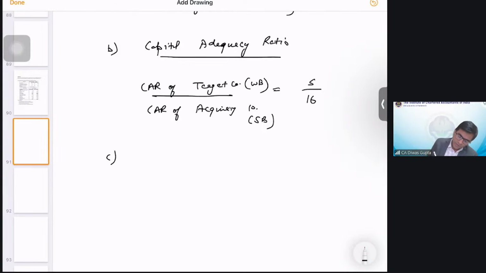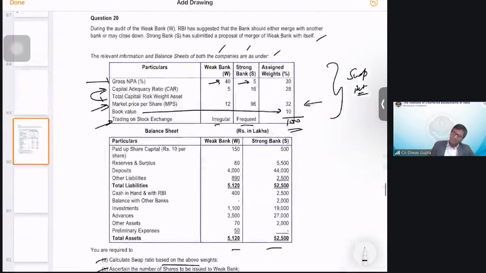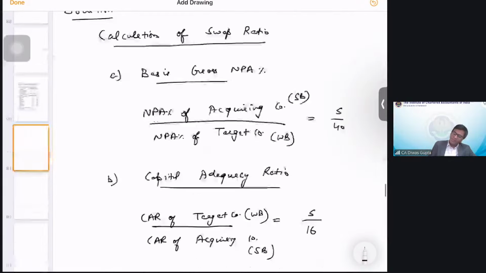The third one is the basis of market price per share: market price per share of Weak Bank divided by market price per share of Strong Bank, which is actually 12 by 96.